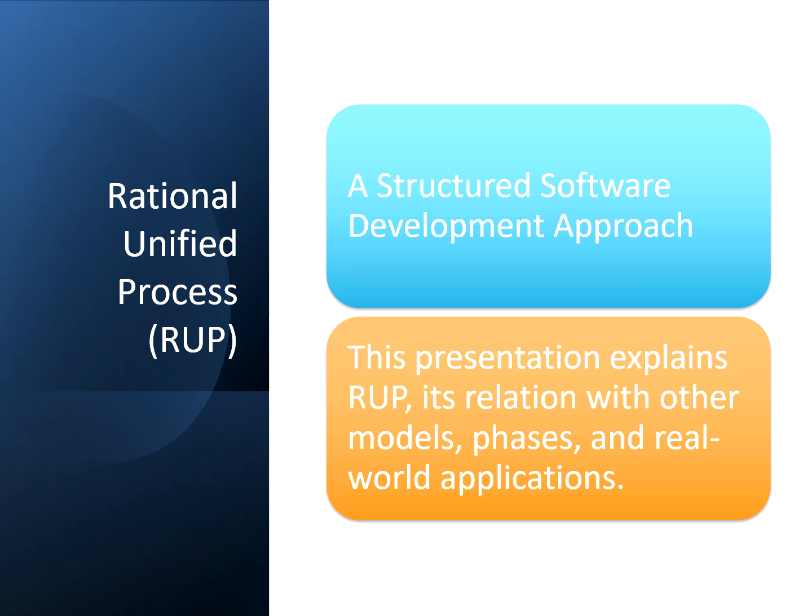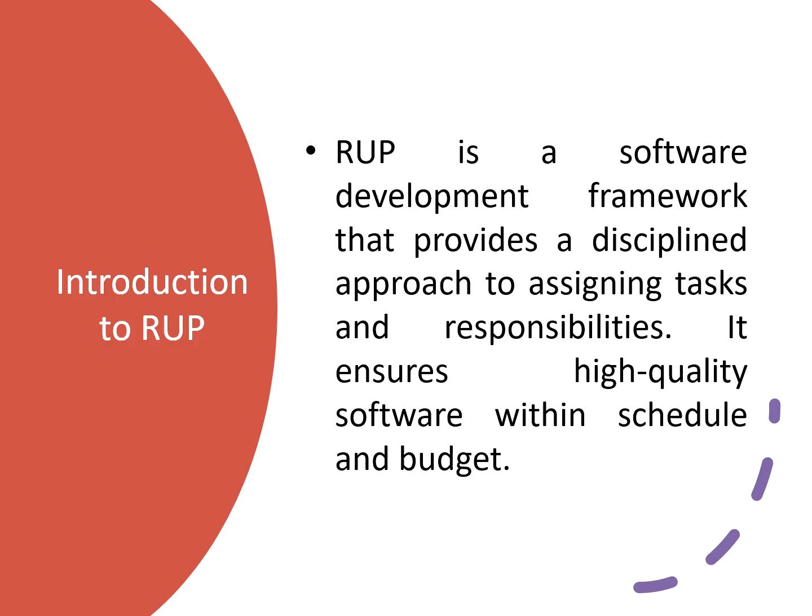So, by the end of this lecture, you would understand how RUP works, its different phases, and how it applies in real world projects. So, now let us start with an introduction to the Rational Unified Process. Students, RUP is not just a method, it is a complete framework that tells us how to organize tasks, assign responsibilities, and manage development effectively.